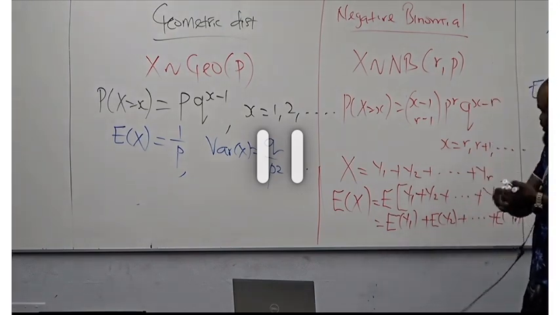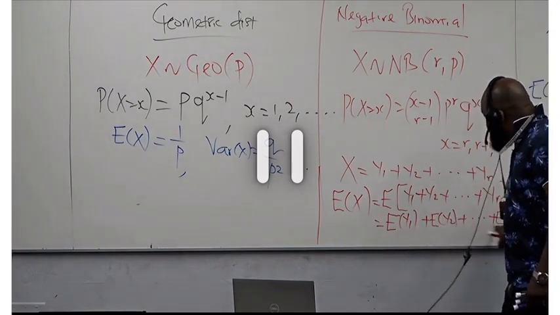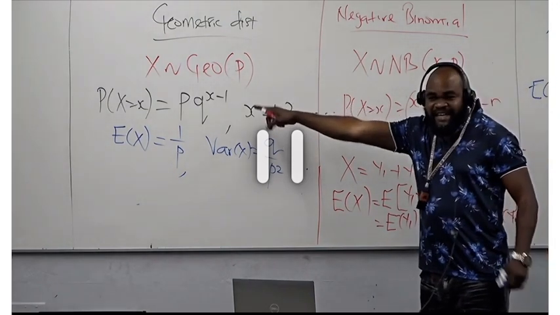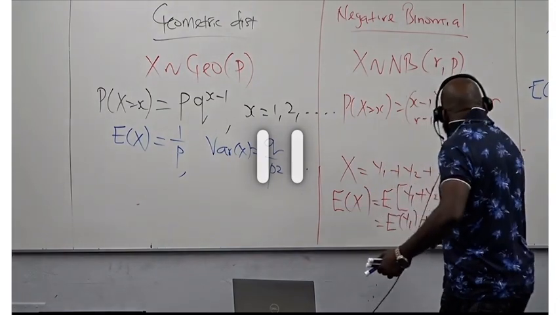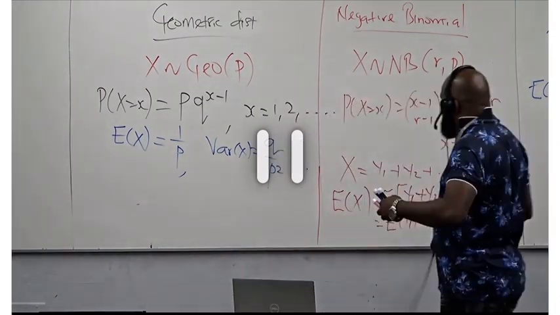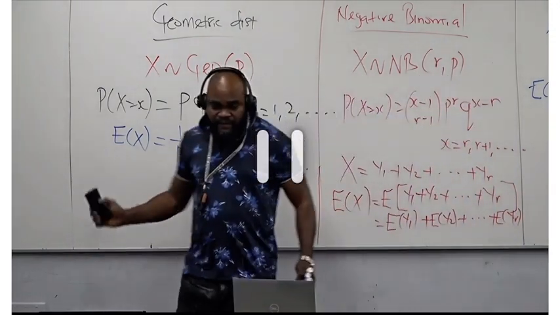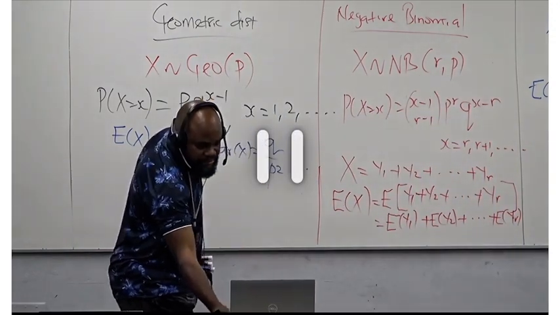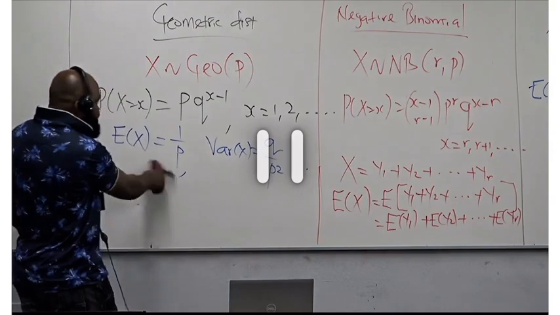And don't forget, I'm going to be using the mean for the geometric here, which is 1 over p.